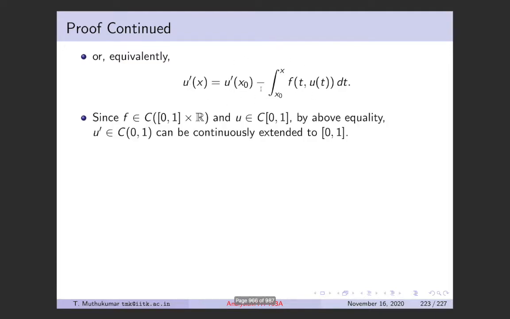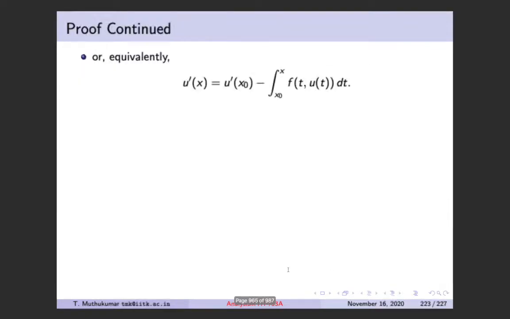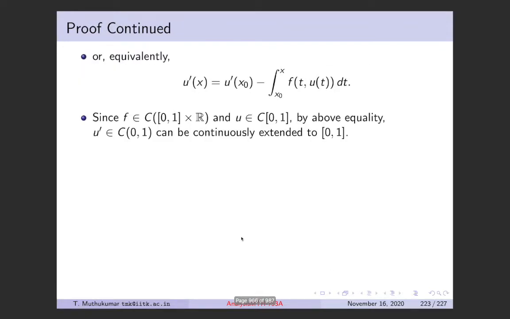So from here we observe that we are given that f is a function which is continuous in both its arguments, where x is coming from 0, 1, right, and u is in the range, which is contained in R. So f is continuous in the entire strip here, right? So using that information, and you are just integrating that f here, right?